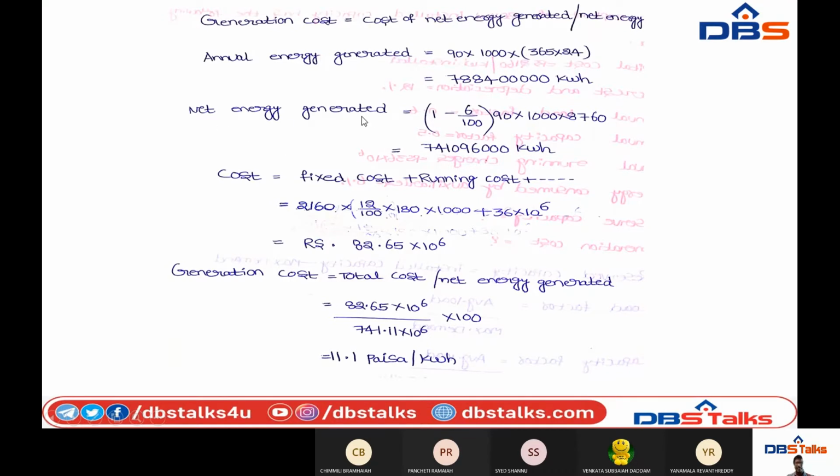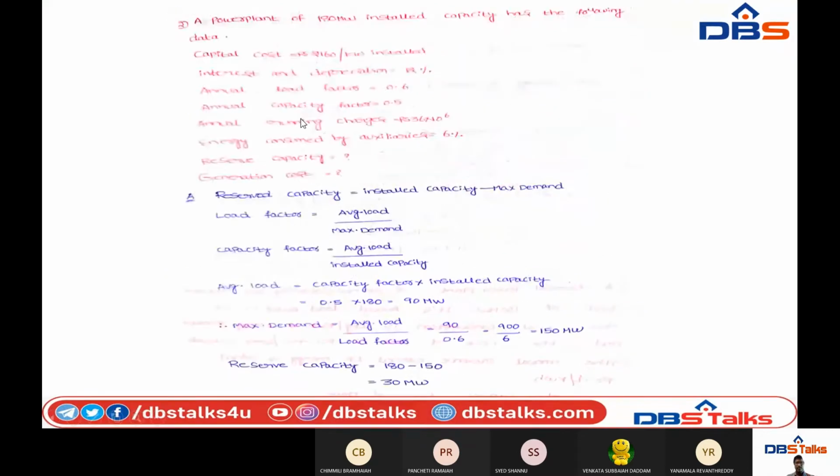After that, net energy generated. Net energy is found out by considering the energy consumed by auxiliaries.